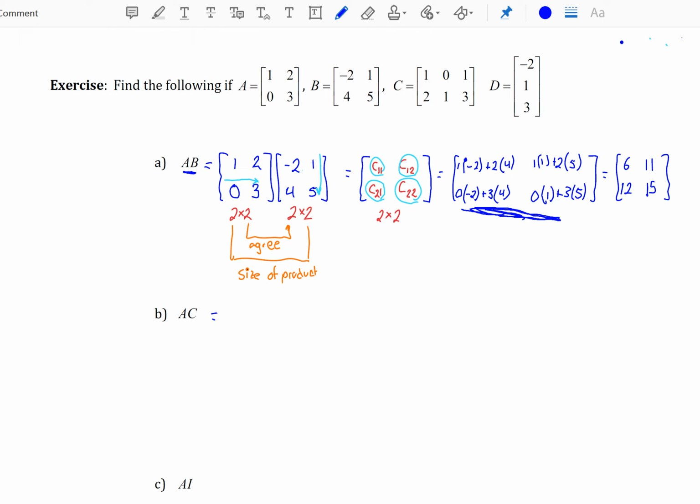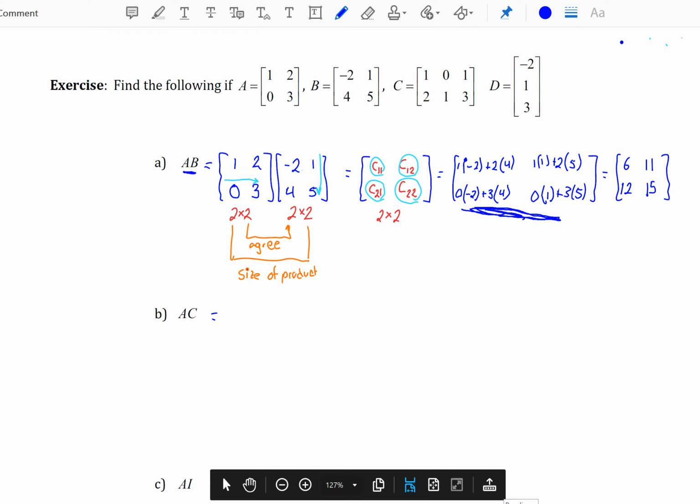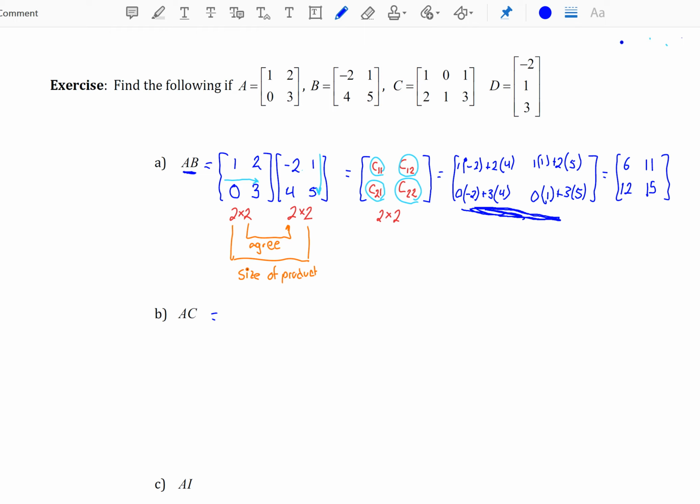Let's look at the product of A times C. Again, I'd like to ask you to pause the video and work out this matrix multiplication on your own, and then come back and let's verify that we get the same answer. I'll see you in a moment. Okay, let's see how you did with the product of matrices A and C. And again, I'd like to rewrite them here just so it makes my work easy to follow.